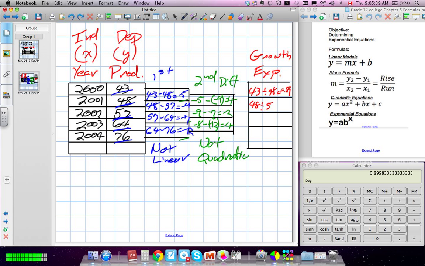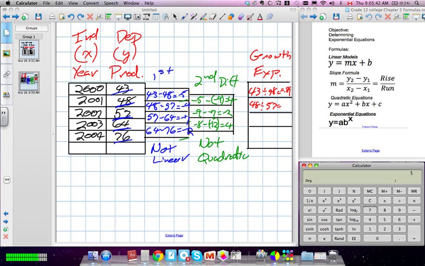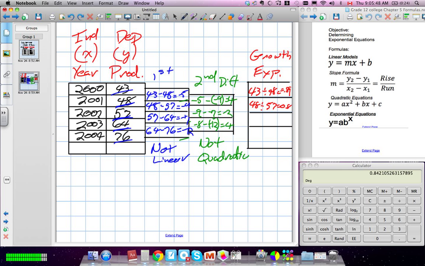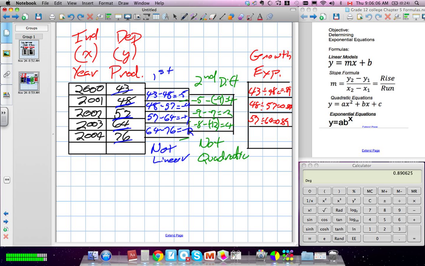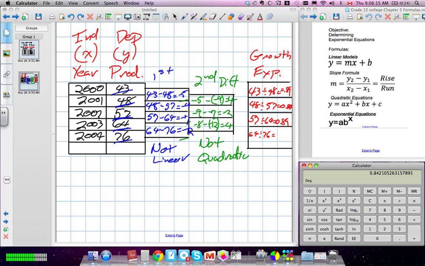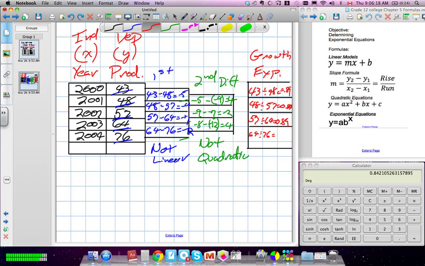It's not bad, it's close. 57 divided by 64 is 0.89. And finally, 64 divided by 76 is 0.84. Sorry guys, I should have given us more room. How about our exponential model? Are they all the same? They're roughly the same. They're only off by 1/100th. That's close enough for our regression model.